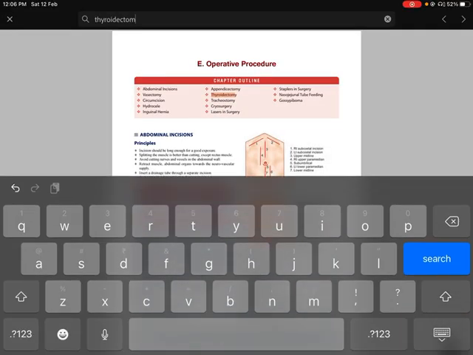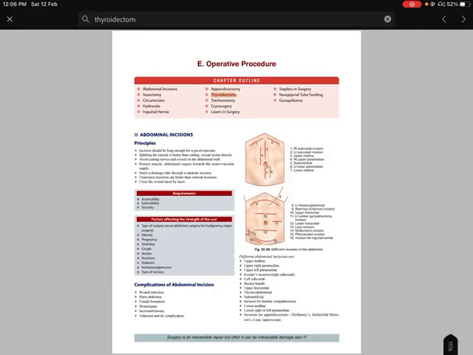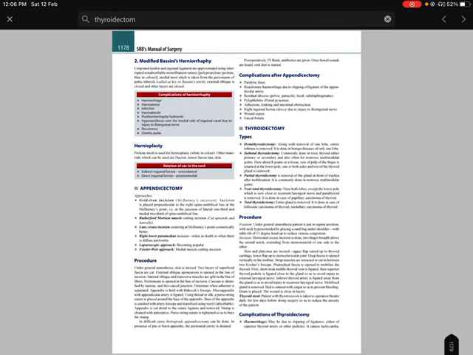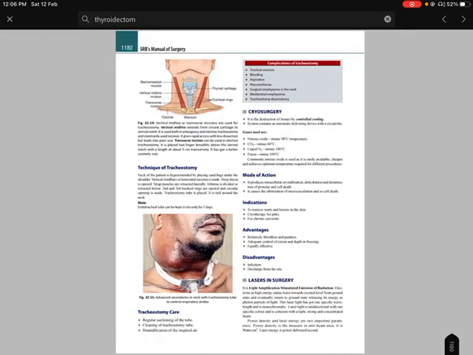Thyroidectomy. Okay, yes. Sorry about that.